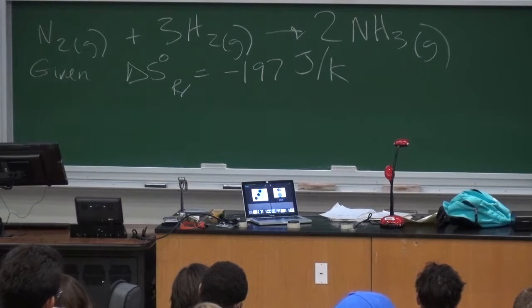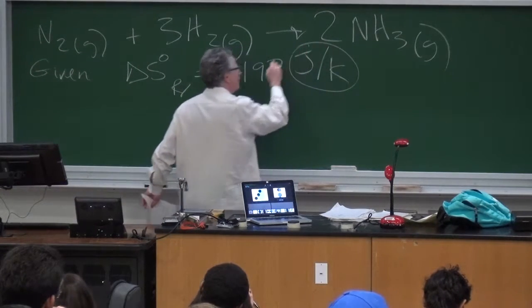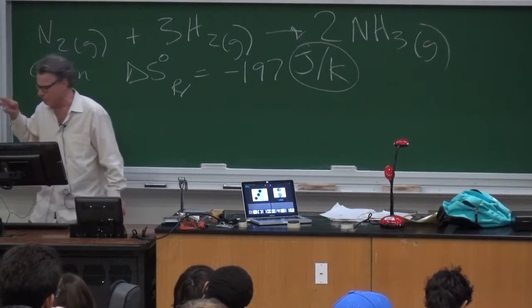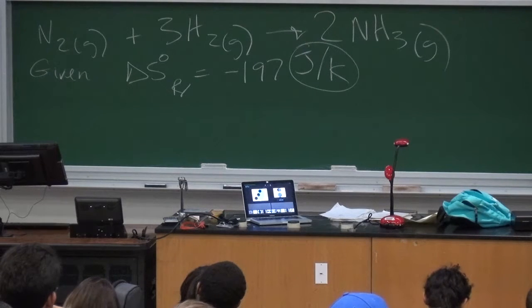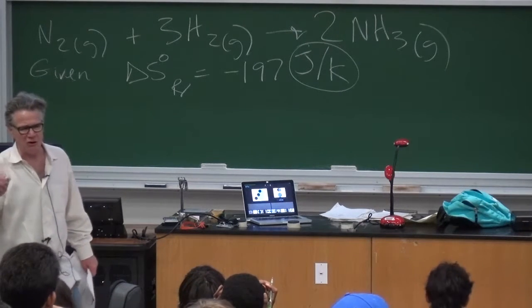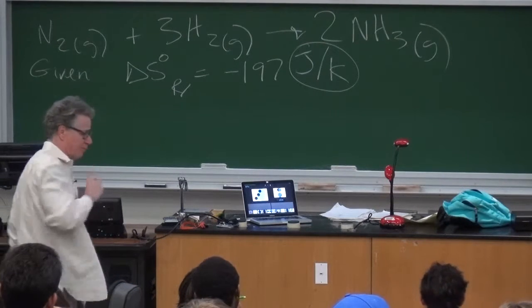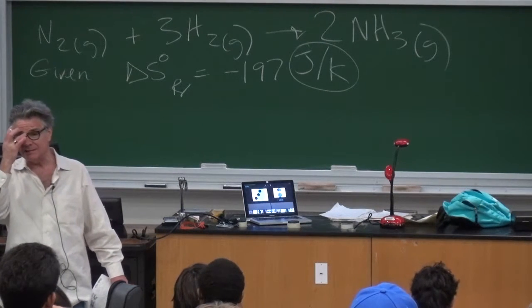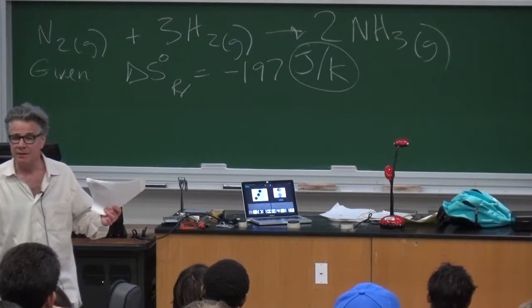We'll come back to that, but whenever you are introduced to a new parameter in science, it's very good to know what the units of that parameter are. Joules per Kelvin is a very important concept. It says, one, that it's an energy term. It's joules.